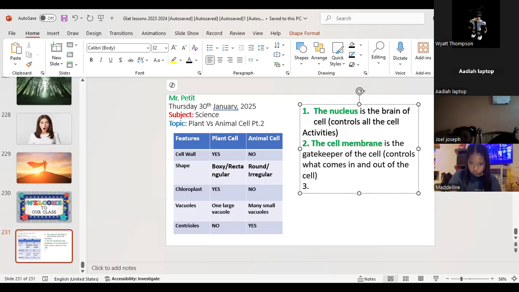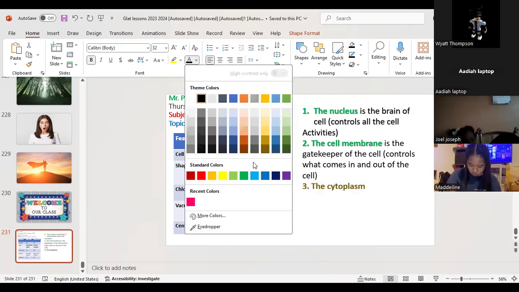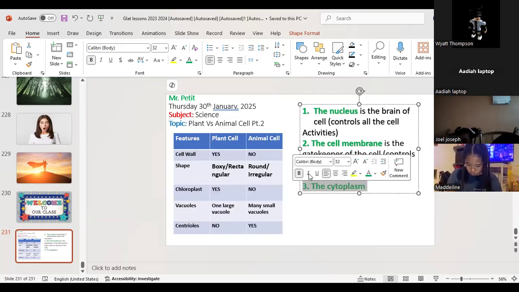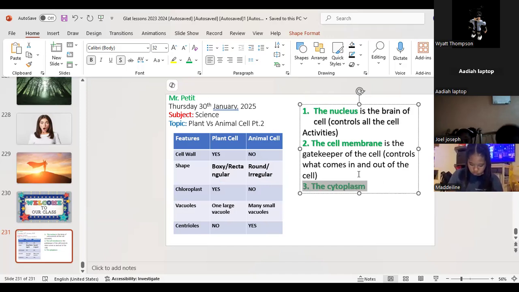Number 3, we have the cytoplasm. What do we say that the cytoplasm was? Anyone can remember? Y'all can't remember what we said the cytoplasm was?